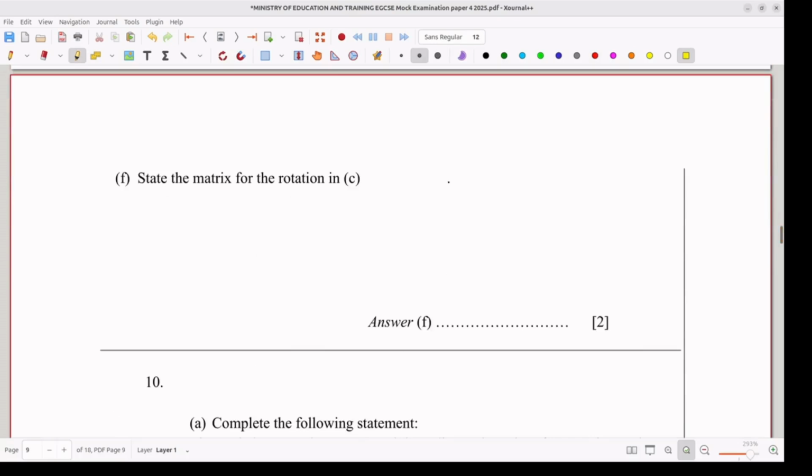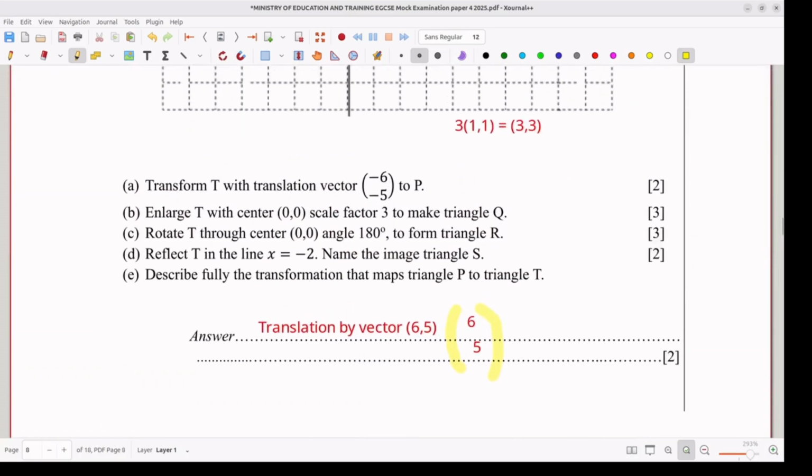State the matrix for the rotation in C. Rotation 180, so we are relating T to R. What do we do when we want to find the matrices for rotation?